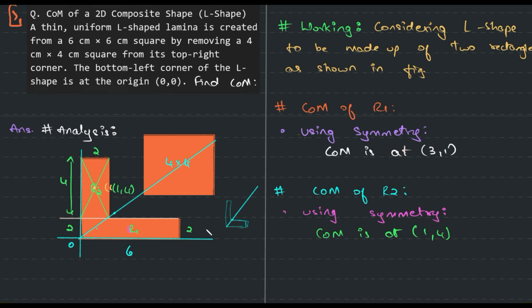Can you see that? So it has to be a line which makes an angle of 45 degrees, so the slope has to be 1. If I found one coordinate, the other coordinate by default would be the same. If it was 3 units right, it should be 3 units up.